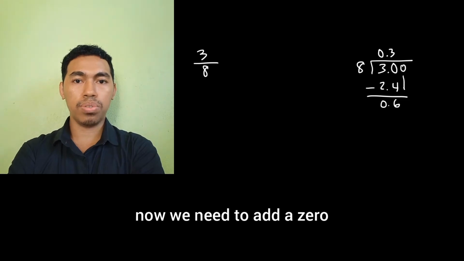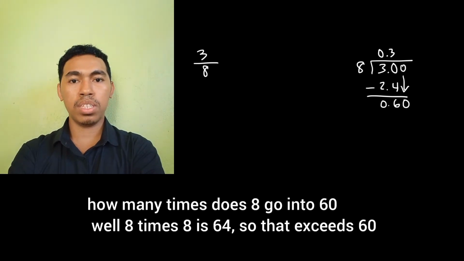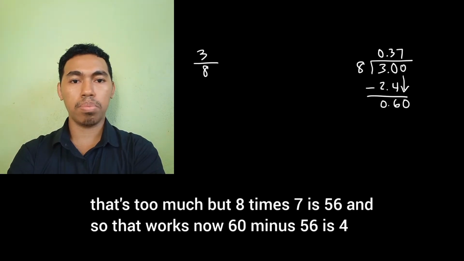Now, we need to add a 0. How many times does 8 go into 60? Well, 8 times 8 is 64. So that exceeds 60. That's too much, but 8 times 7 is 56. And so that's what works. 60 minus 56 is 4.